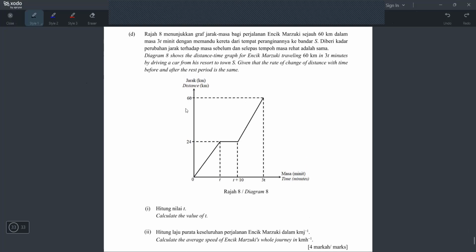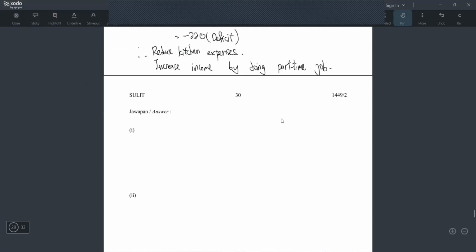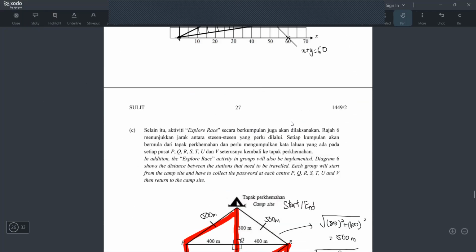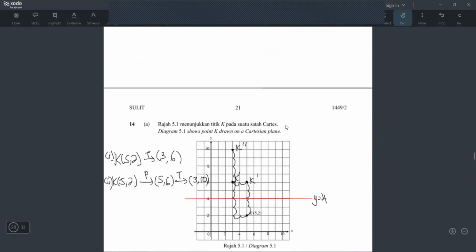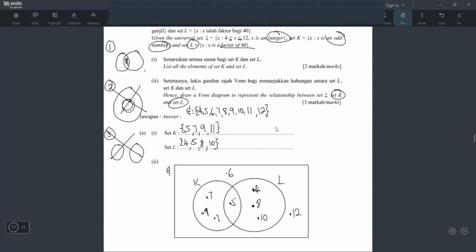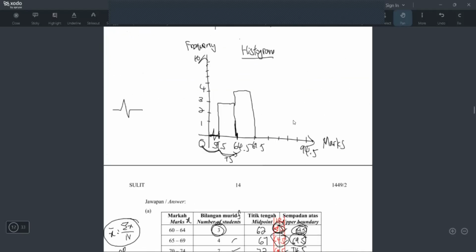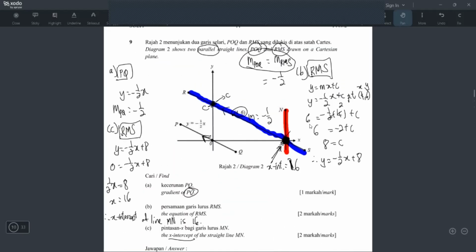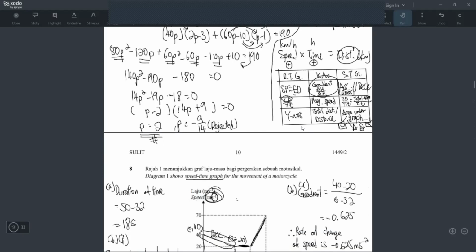This is also graph of motion. Can I show you the graph of motion formula table I wrote above? Let's find it. Just now I remember I did it. Where is it? Not this one. This one. You see this?